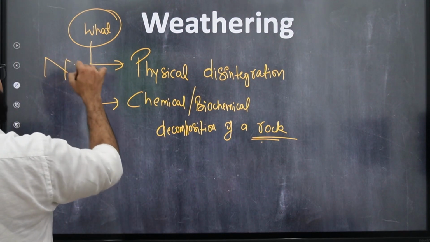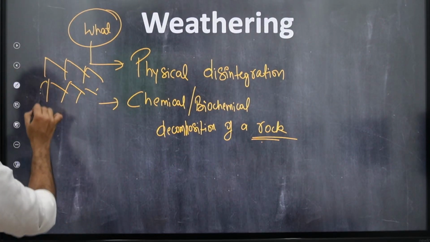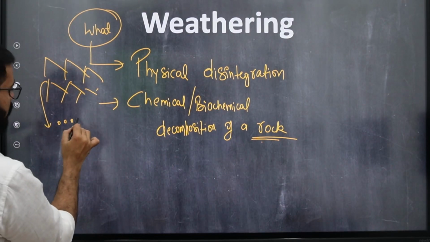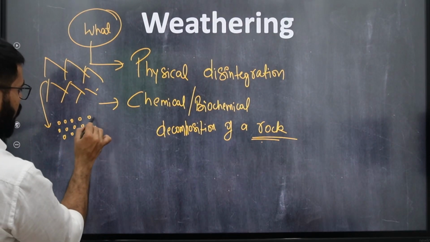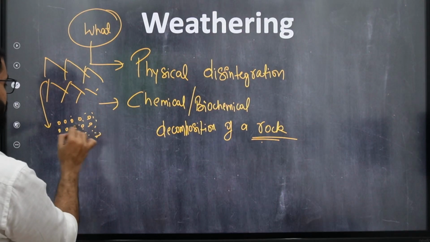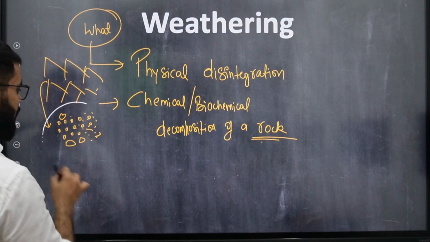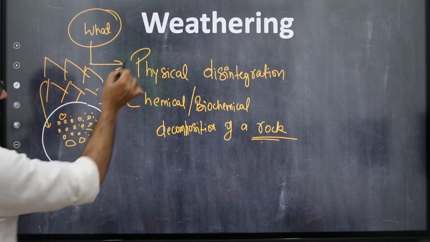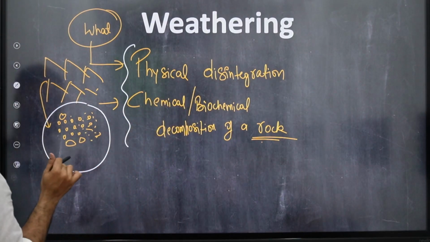It's taking place over some elevated areas, and it is generating some sort of material of various sizes or various grades. All right. So this material that is being generated out of weathering via these processes, we will deal with each and every word of this, don't worry.